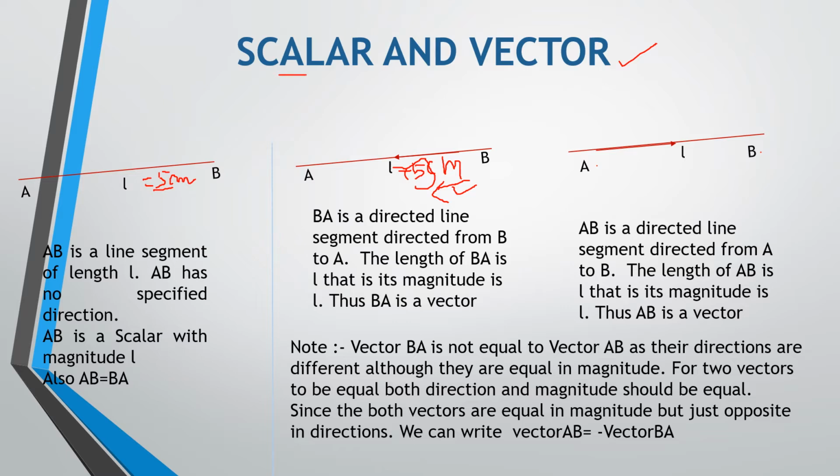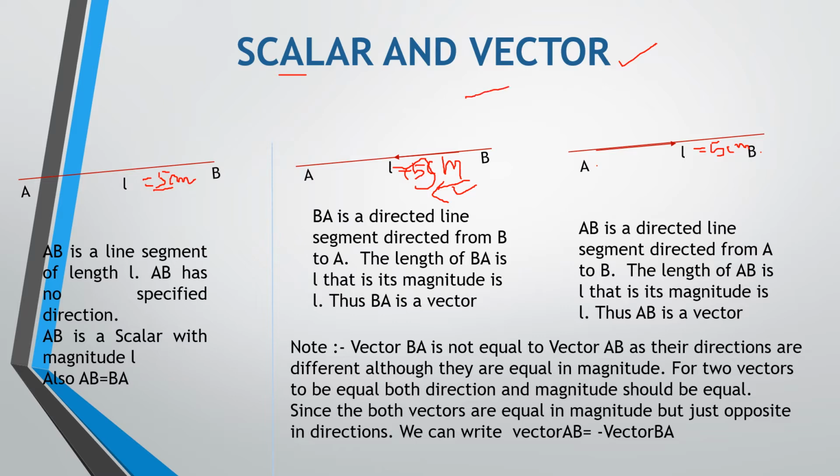So, a very important note: vector BA is not equal to vector AB, as their directions are different although they are equal in magnitude. Here the direction is opposite, but the magnitude, the length, is the same. Then, for two vectors to be equal, both direction and magnitude should be equal.